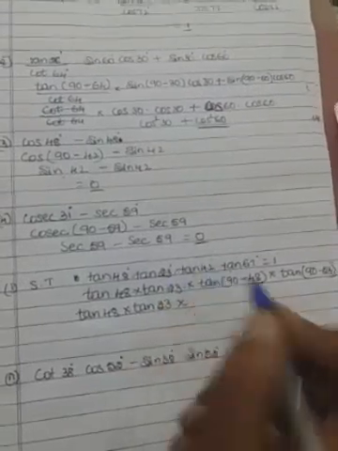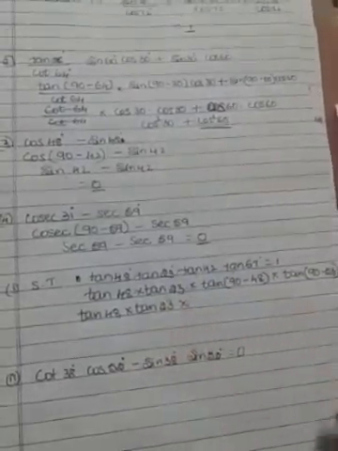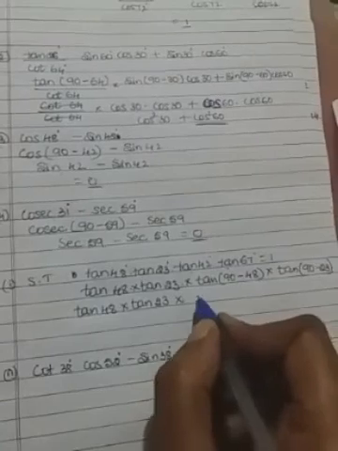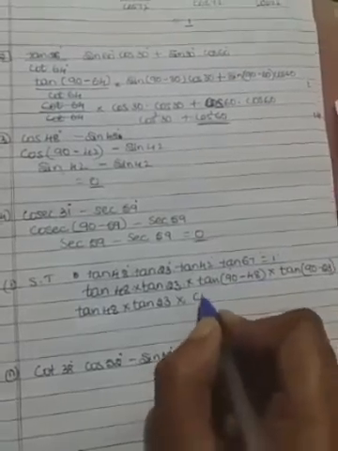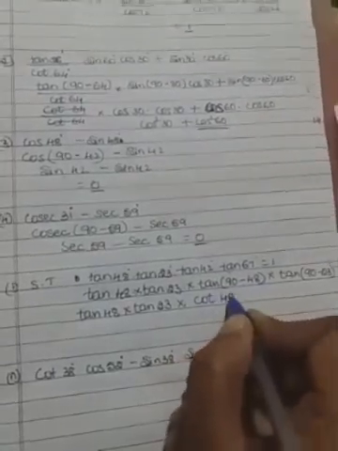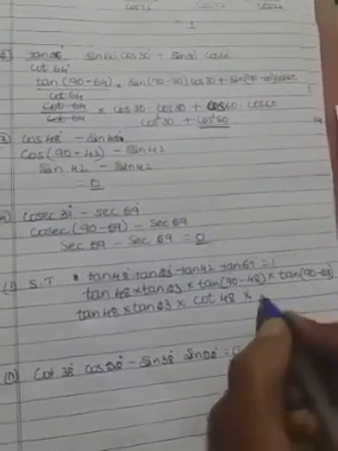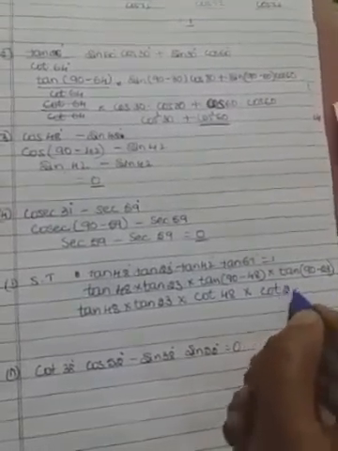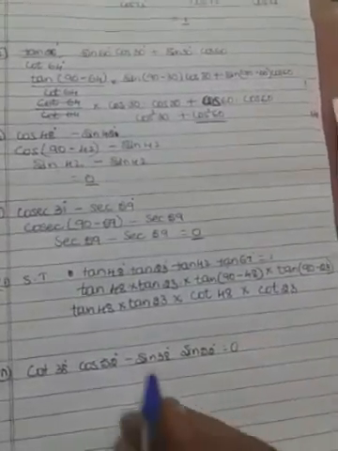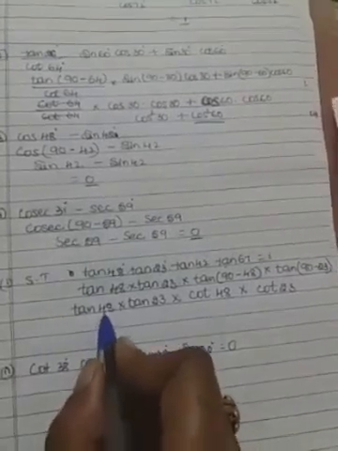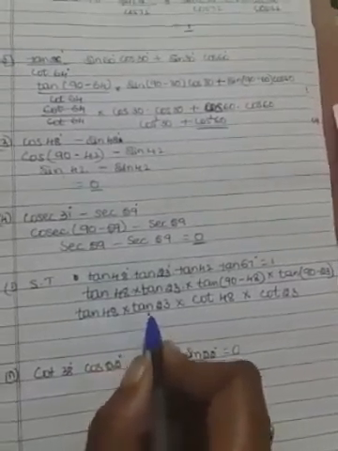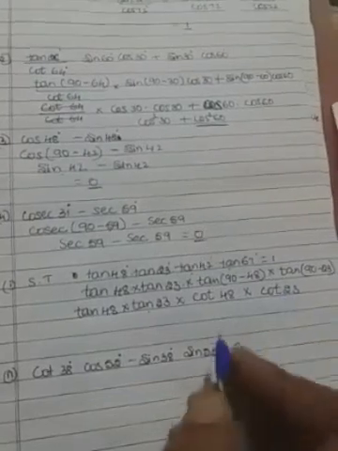Tan 90 minus theta will become cot, so into cot 48 into cot 23. This is tan 48 into tan 23 into cot 48 into cot 23.